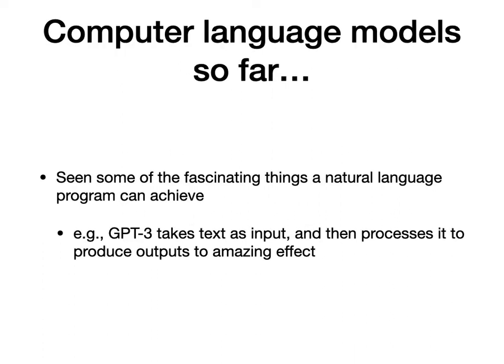So far, we've talked about some pretty interesting things that natural language programs can achieve. If we recall our friend GPT-3, it takes text as input and then processes it to make text outputs that are sometimes pretty amazing. For example, here's some examples of what GPT-3 can do.